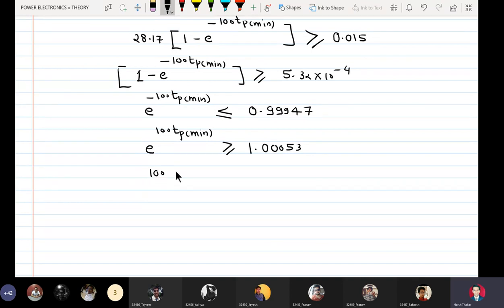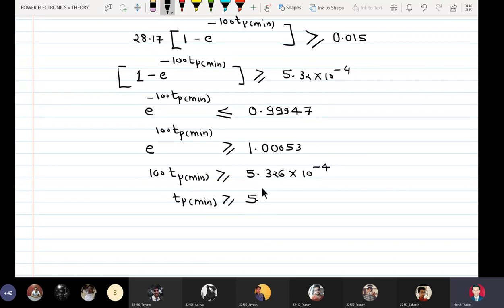So 100 into Tp min should be greater than or equal to natural logarithm of the answer, which is equal to 5.326 into 10 raised to minus 4. So Tp min should be greater than or equal to 5.326 or 5.33 microseconds.